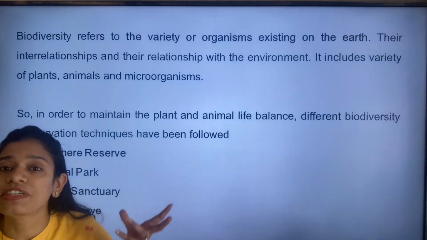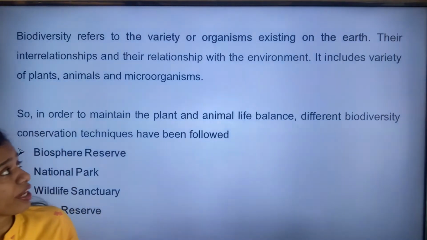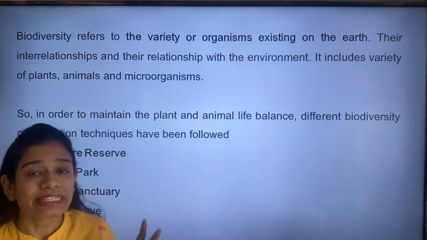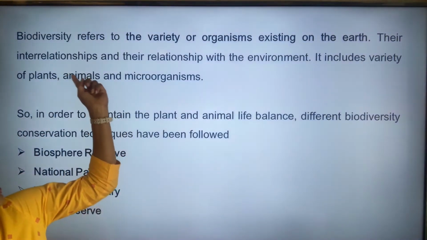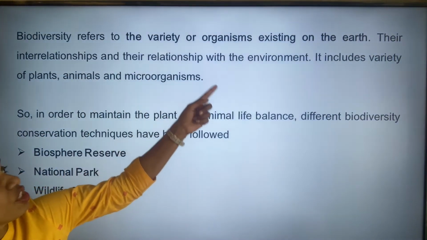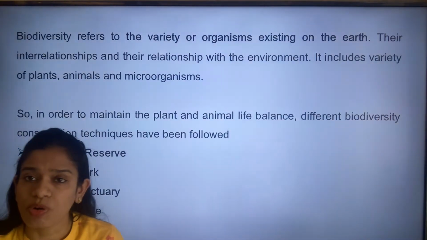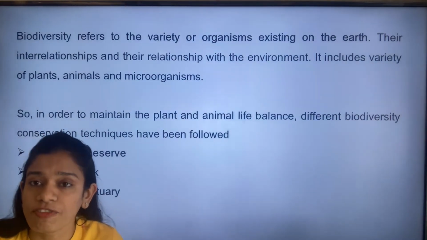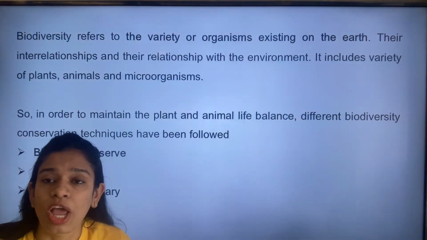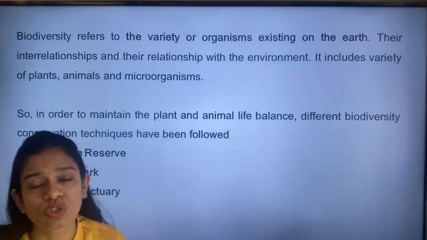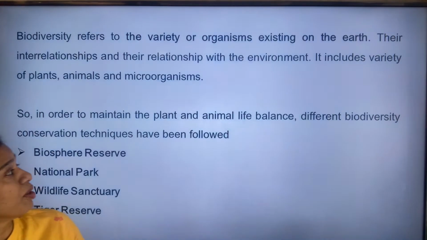It is the diversification of the biological organisms present in nature and their relationships with the environment. It includes a variety of plants, animals and microorganisms. So everything that is living comes under biodiversity.